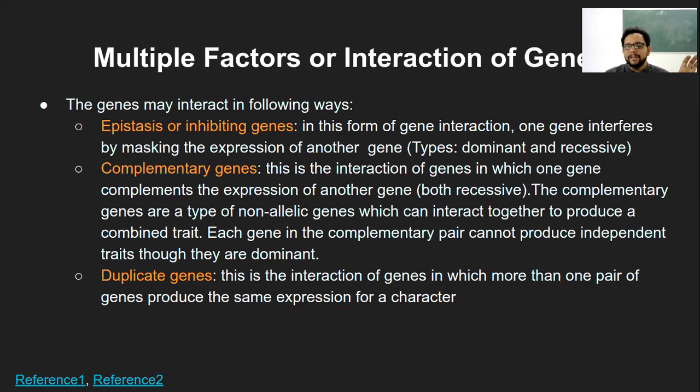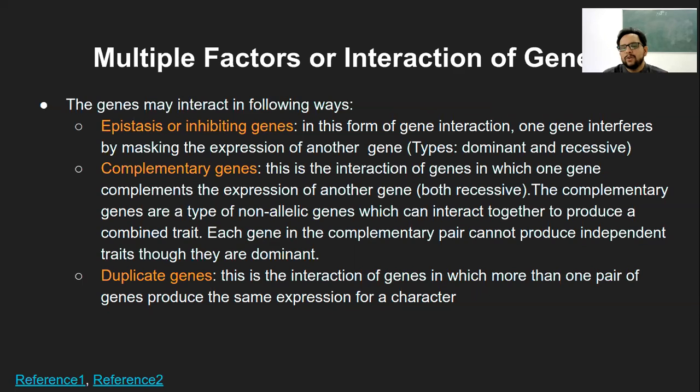Dominant expresses, recessive does not express. That was the normal phenomenon in Mendelian genetics. What we are talking of in epistasis is that one gene is not allowing the other to express, being the dominant one. So that is again a different phenomenon.